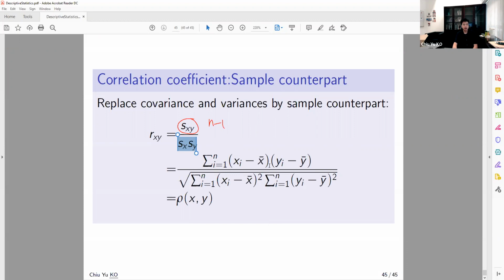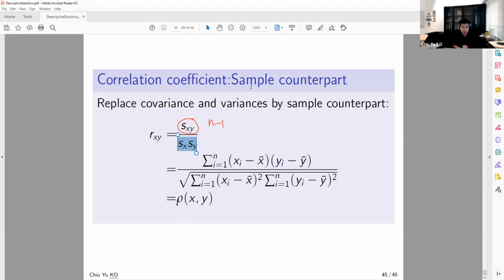The very funny thing is that only for this particular case, the sample version and the population version are the same. The sample correlation coefficient is the same as the population one. The only interesting thing is there's no difference between the sample and the population version.